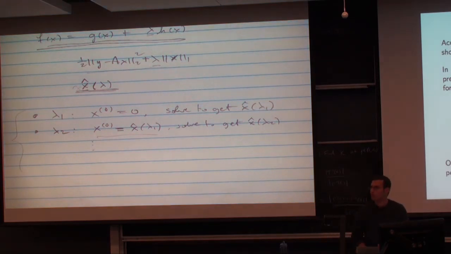So a lot of people have observed that if you do warm starting over a grid of lambda values, it almost makes no difference whether you use acceleration or not. For the lasso problem with squared error loss, for logistic regression, for a lot of these problems. Acceleration can help a lot if you're cold starting at a fixed point, but if your goal is to solve it over a sequence of lambda values, the total amount of computation you'd spend is going to be pretty similar between acceleration and no acceleration.